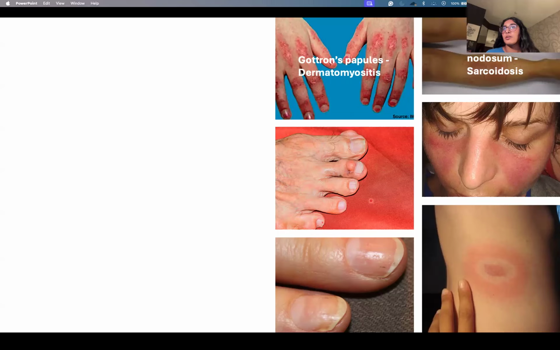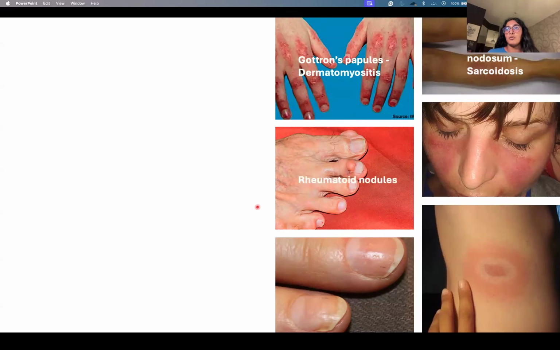What about this one? I'm sorry about this picture, but it's a good one. Quite nodular and surrounding the joints themselves. That's a good guess, but it's not like a normal location for gouty tophi.